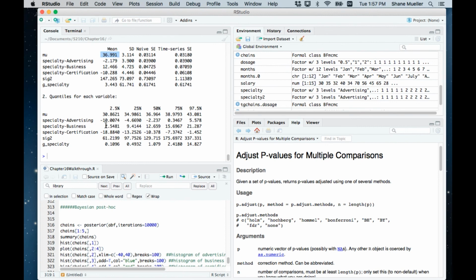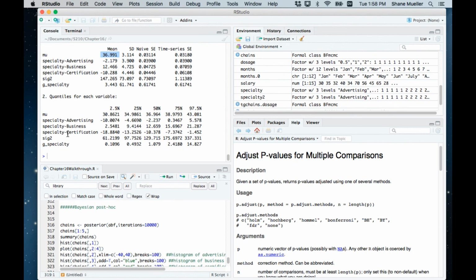But we can look at advertising and see that the 95% interval of advertising is between negative 10 and plus 5. The 95% interval of business is 2 to 21, and certification is negative 18 to negative 1.